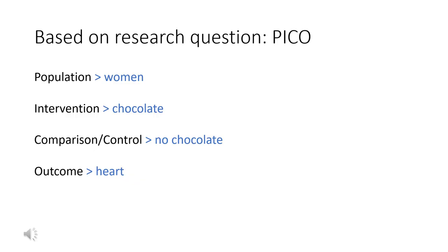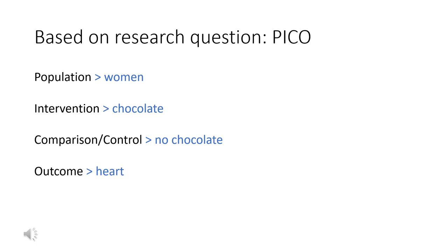I look for studies on eating chocolate, so I might want to look for studies with a control for no chocolate. If you know about research designs, you know that it is best to have a control group, so often we will specify a control group in the research question as well.